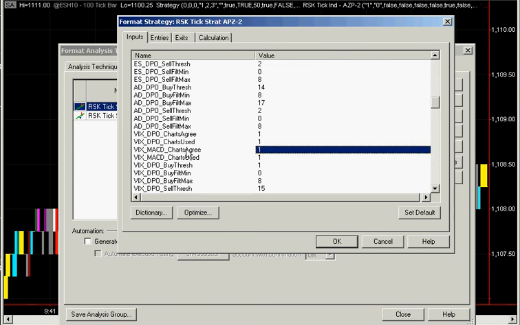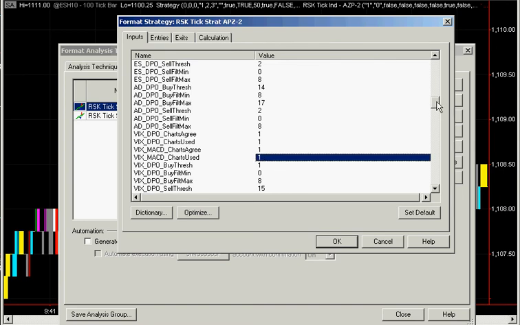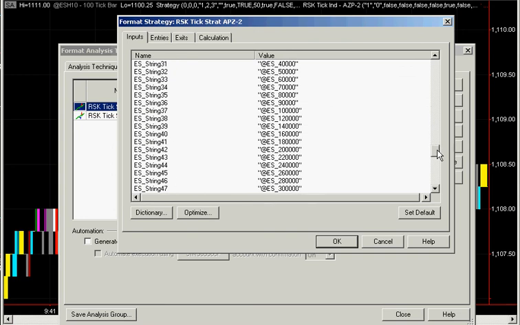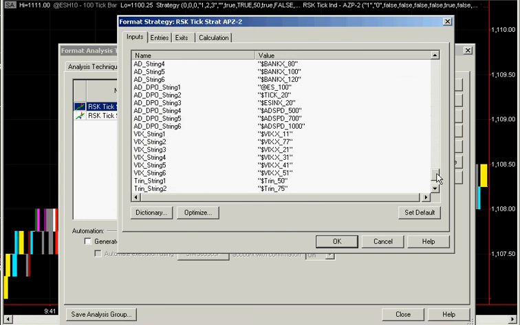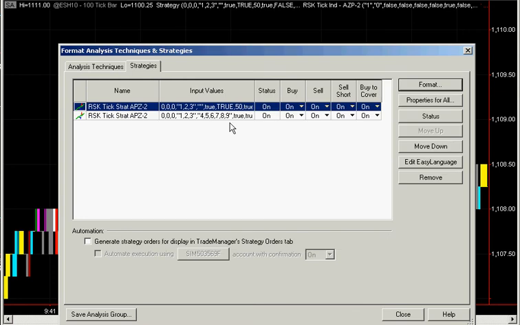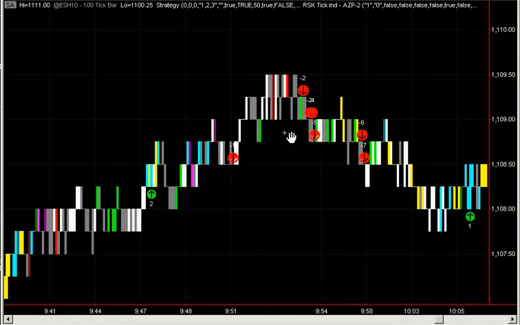We only need 1 out of the 6 charts to agree on the VIX, and in this particular case, all that we want is the VIX 1 tick chart to agree. So the MACD has to be in agreement on all of these in order for us to pull a trade.